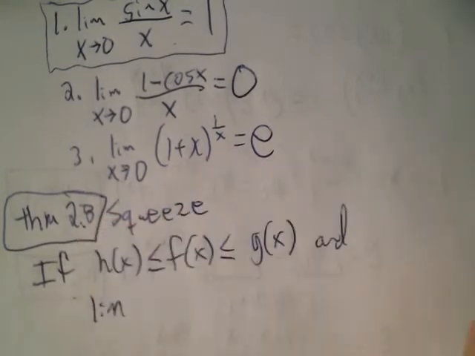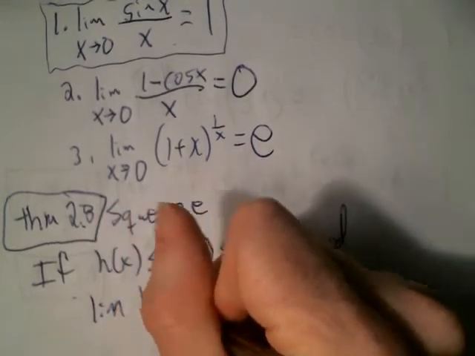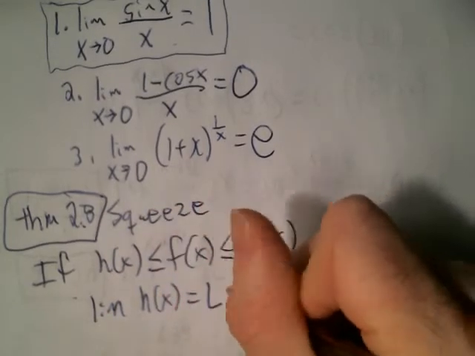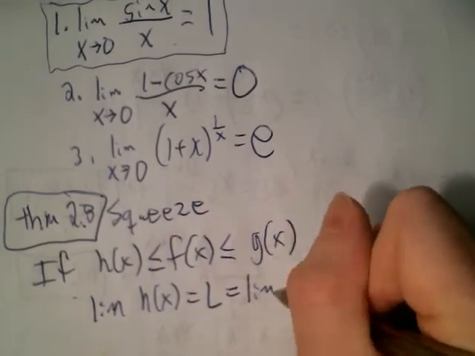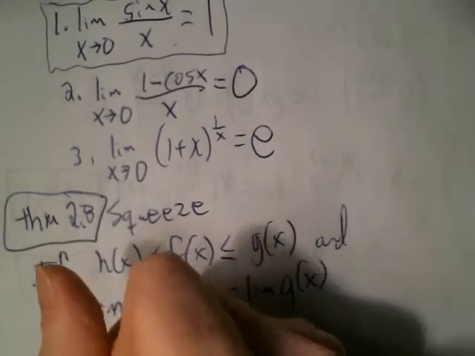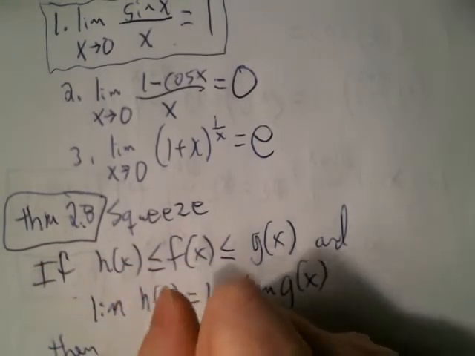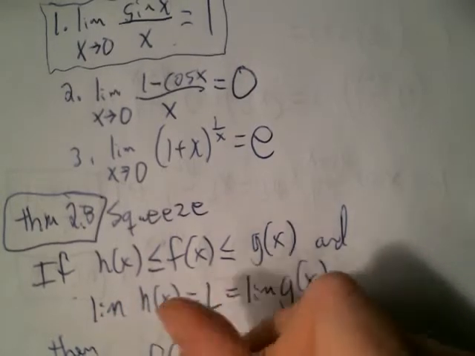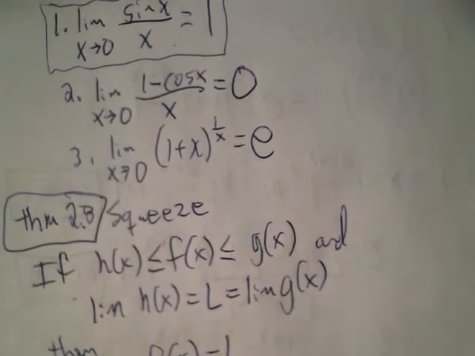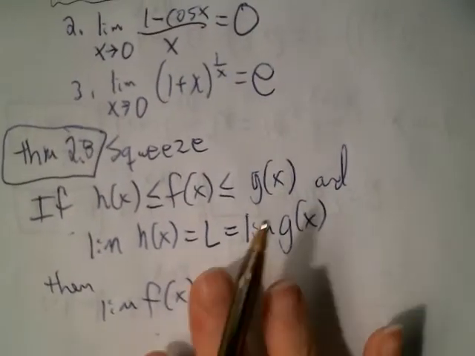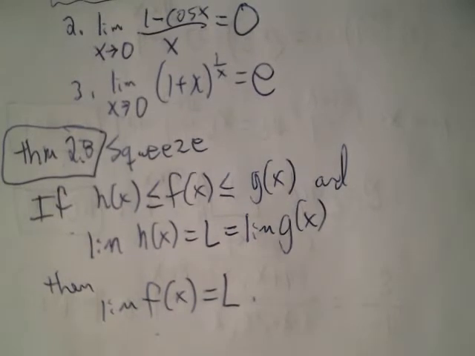So if the limit of h of x equals some number L, which equals the limit of g of x, then we can conclude that the limit of f of x is equal to that same number. Of course, in the book there are restrictions, and you should go read that. But this is the flavor of the theorem that we should try to digest.